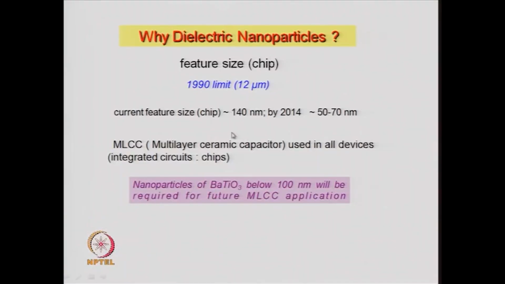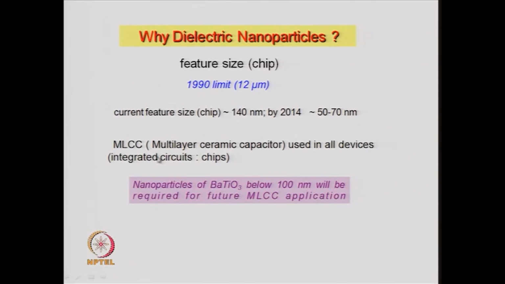So, if you reduce the feature size as is expected, to around 50 to 70 nanometers, you will be able to put a lot more chips on a single device, and hence how to reduce the size of the chip is very important.